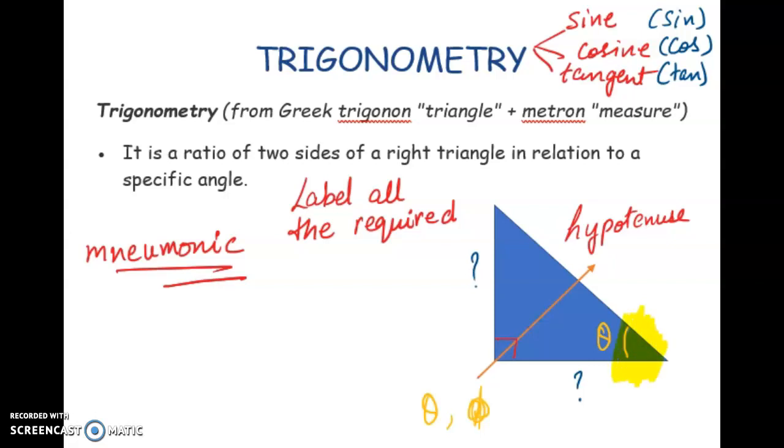And if you can see, when I put my hand here where the angle theta is, my hand will touch two side lengths. One, obviously, is hypotenuse. The other side length that my hand will touch will be called adjacent.